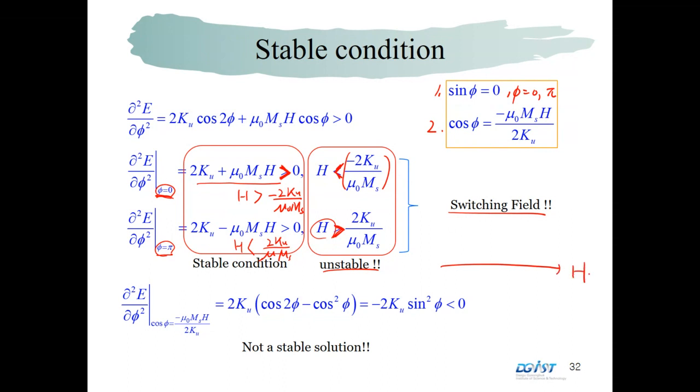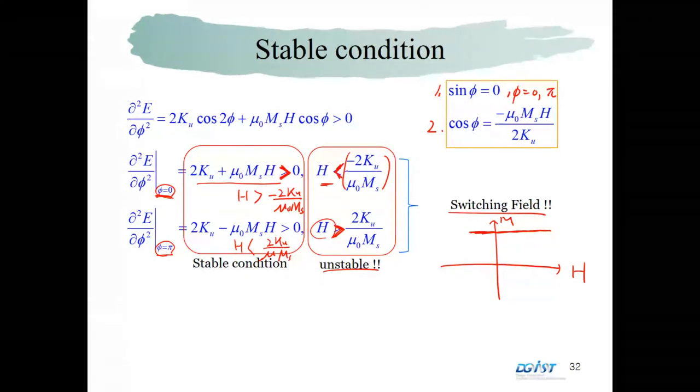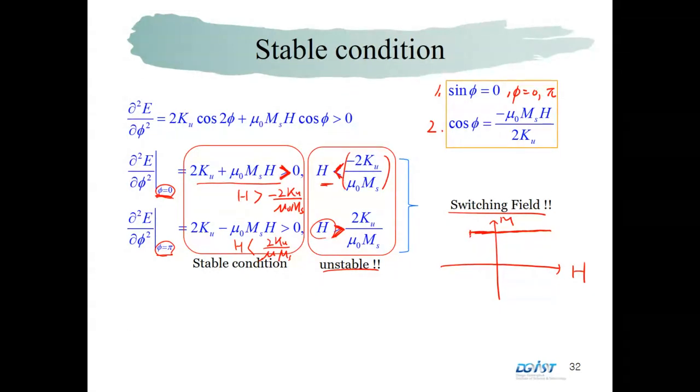When h is positive, angle phi is 0, so they are the same. When the field has a negative sign but is less than this value in magnitude, they are still stable. But when the field is smaller than a certain value, they are no longer stable, so they switch back to the other direction.